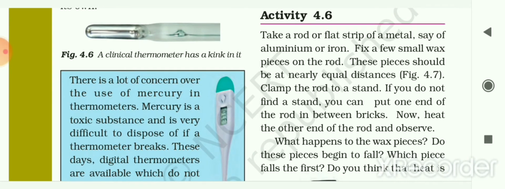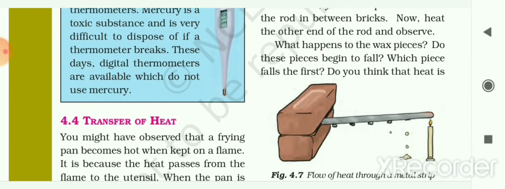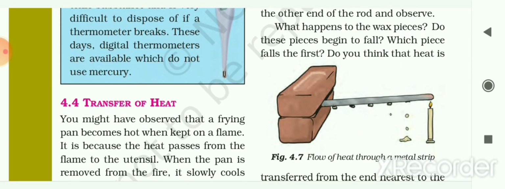For that, take a rod or flat strip of metal, like aluminium or iron, and fix small wax pieces on that rod, and these pieces should be at nearly equal distance, like it is shown to you in the figure. These are the small wax pieces, and you have to fix them at equal distance.